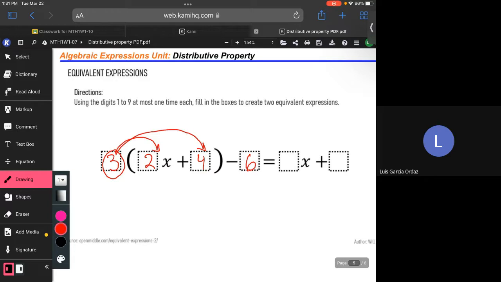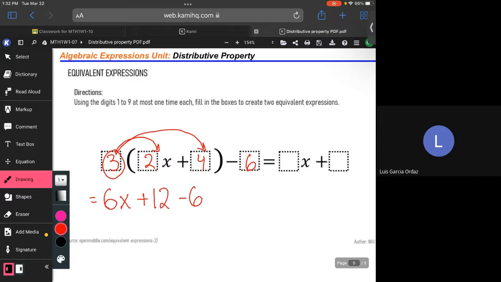Okay, let's start with the distribution part. What did you guys get when you distributed the 3 into the bracket? Someone? Anyone? Brianna? 6. 6 what? 6x? Yeah. Plus what? Plus 12. Perfect. And then we have minus 6.